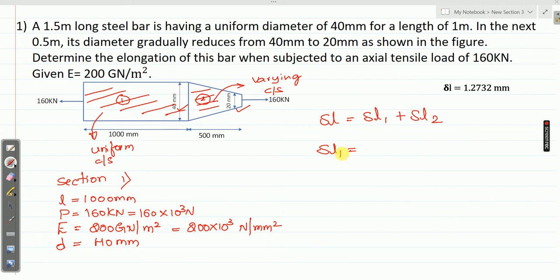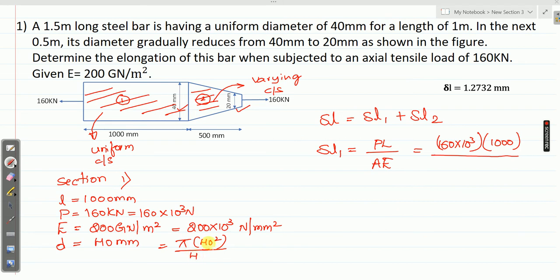As section 1 is a uniform section, elongation can be calculated by PL divided by AE. Here P is 160 into 10 raised to 3, the length of section 1 is 1000, divided by area. You know the diameter, so the area will be pi d square by 4, which is pi into 40 square divided by 4.